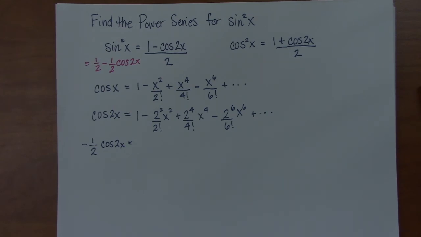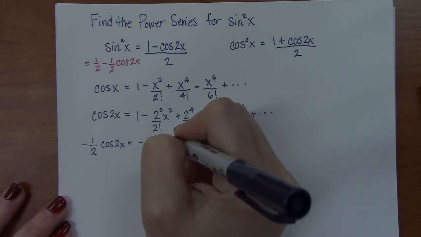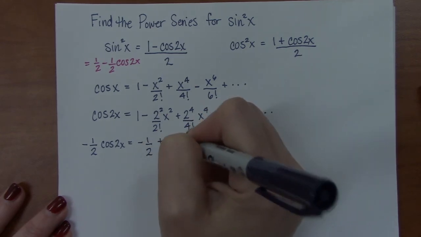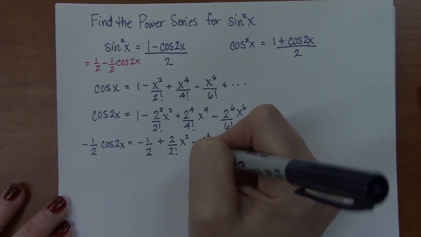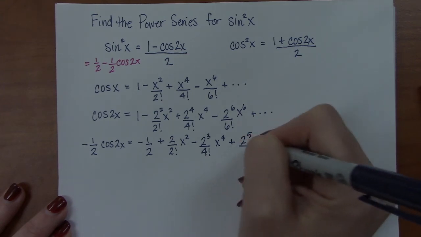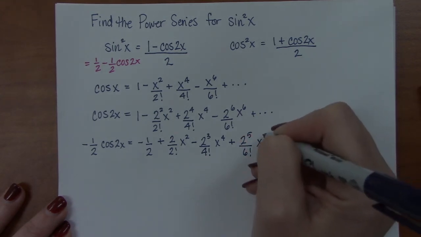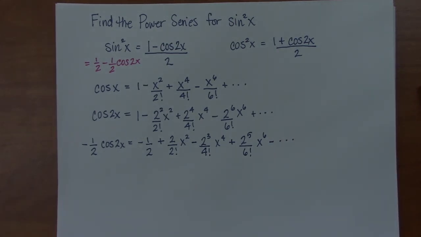The negative is going to flip all the signs to a different sign, but the 2 in the denominator is going to cancel with one of the 2's in the numerator. So you're going to see all the 2's in the numerator drop by a power. So I'm going to get negative 1/2 plus 2 over 2 factorial x squared minus 2 cubed over 4 factorial x to the 4th plus 2 to the 5th over 6 factorial x to the 6th, right? So all the signs flipped, and we lost a 2.